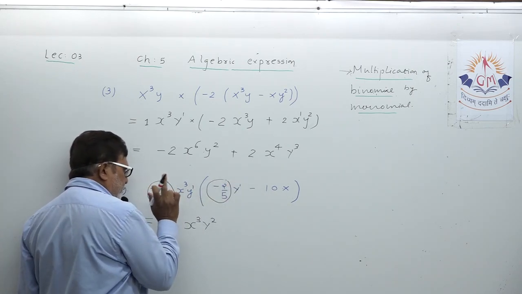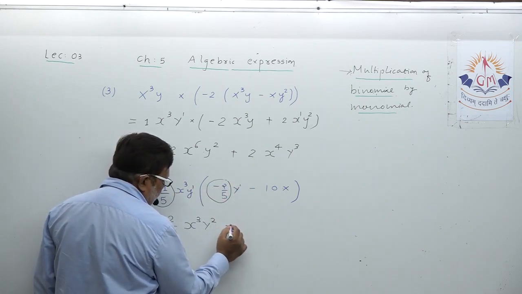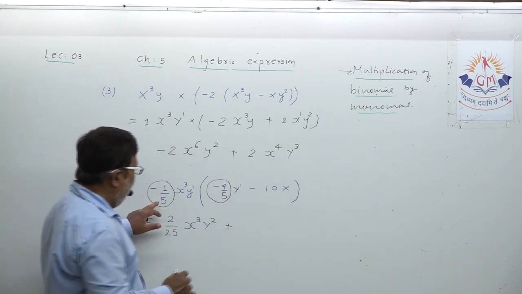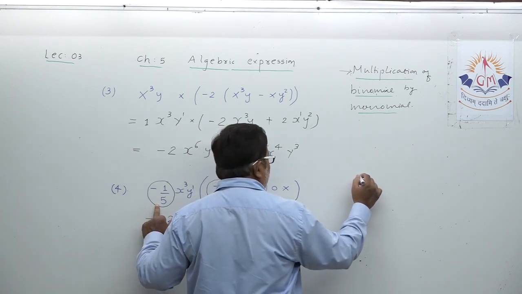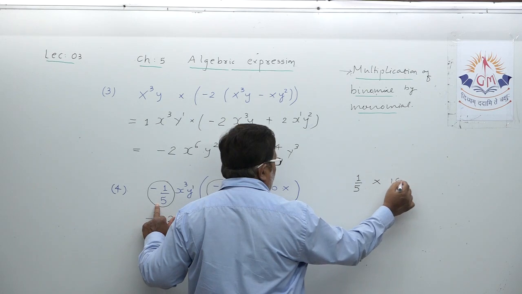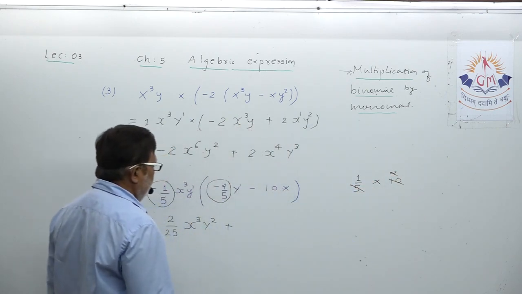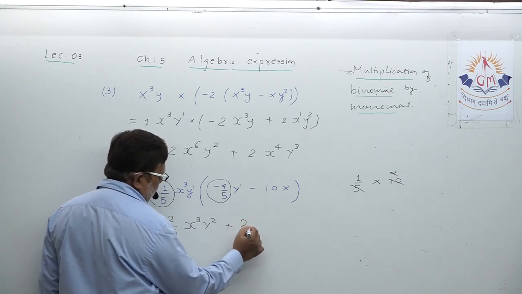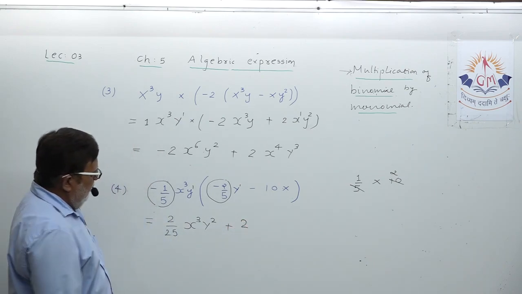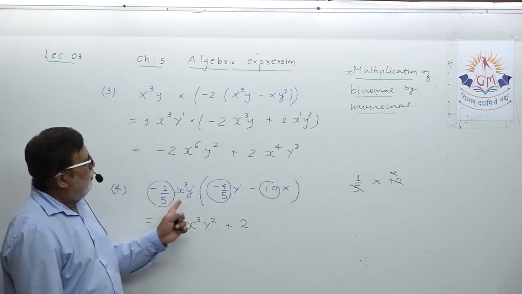So first, dear student, target the number. First minus minus plus. I may write it roughly also, if you have some difficulty. 1 upon 5 into 10, obviously 5 twos are 10. So I will write 2. Multiplication of the numbers is already over.